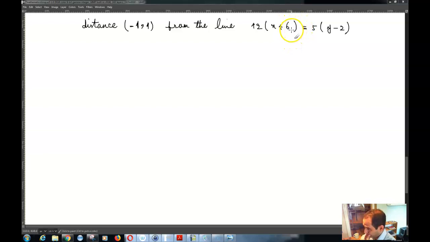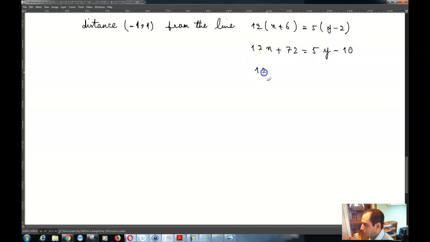So now first you need to simplify this equation and write it either in slope-intercept form or in general form. And then based on that you can find one of the formulas, meaning that you can write this as 12x plus 72 is equal to 5y minus 10.